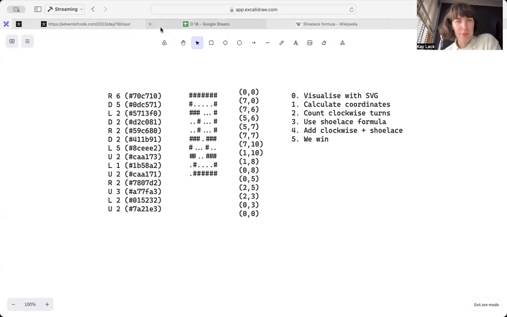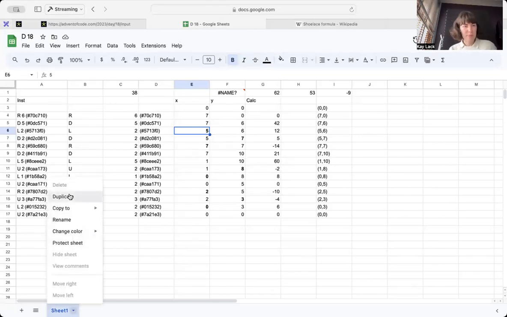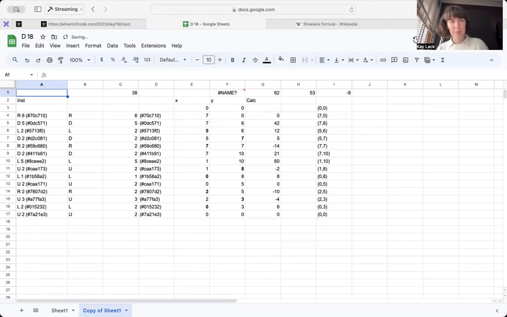Okay, so now we can shift over to our spreadsheet. One moment. So let's actually try out with the trial first.